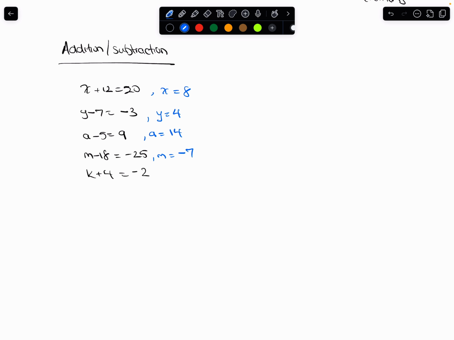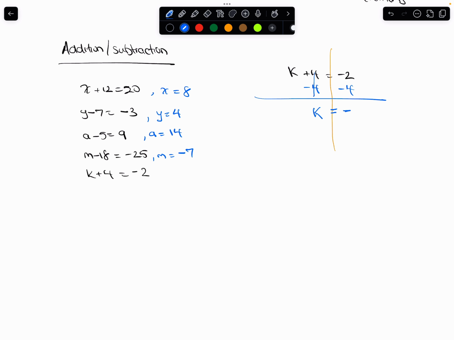And our last one for this addition and subtraction is k plus 4 equals negative 2. Our line. Minus 4 on this side, minus 4 on this side. K comes down.